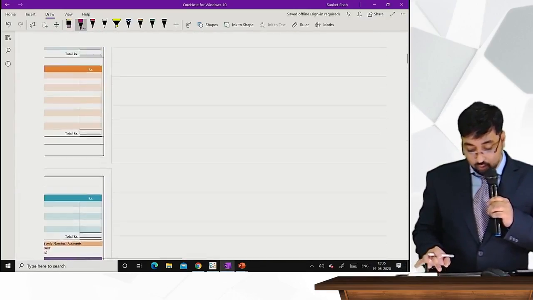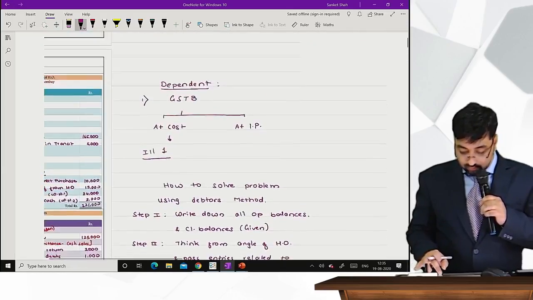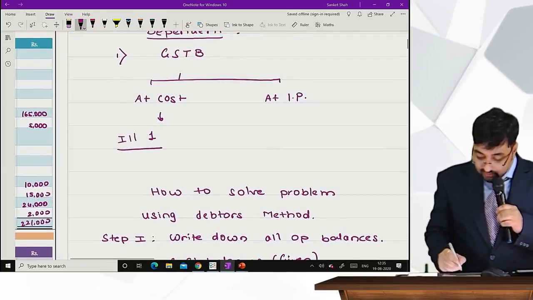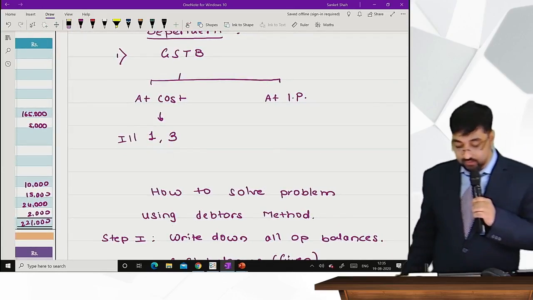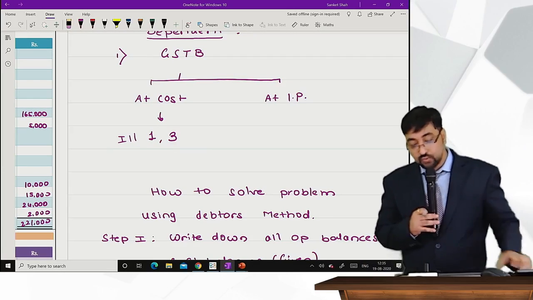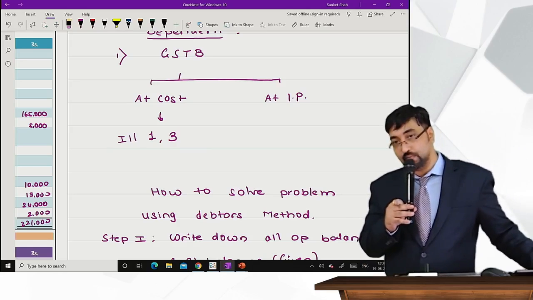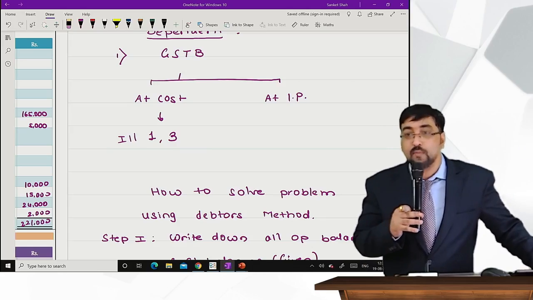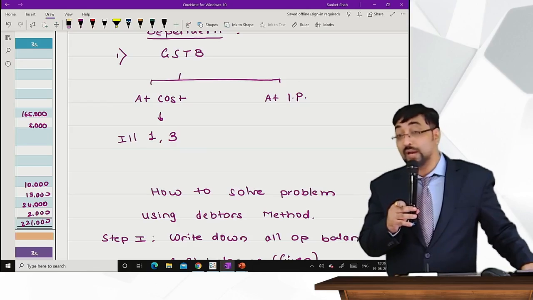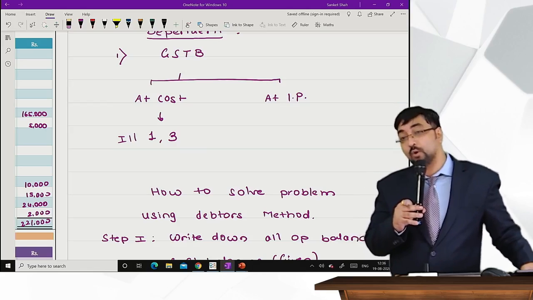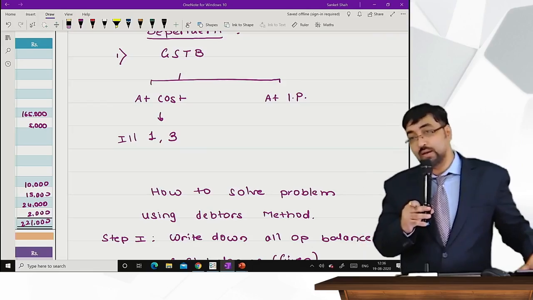So at cost we have two problems, number 1 and number 3. The number 3 problem we are going to solve within 20 minutes, 10 to 12 minutes for the debtors method and 10 to 12 minutes for the stock and debtors method.